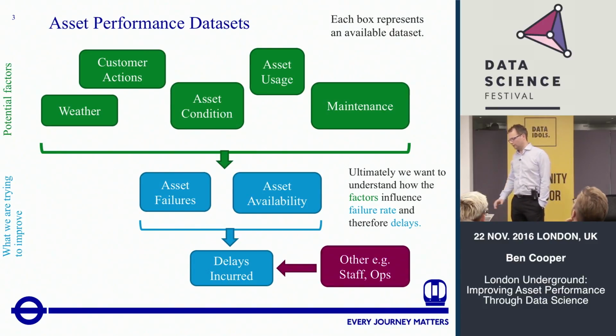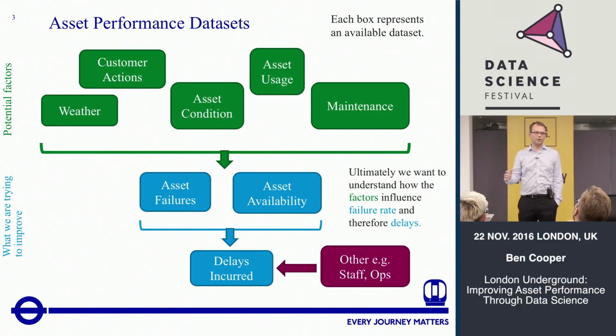Asset availability: where are our assets? Are our assets available for service? Are trains sitting in depots? Are they out on the track in service? And so on. And then we have a wealth of other data sets that we can use. So information on how the assets are maintained and how they're used, for example, the mileage that trains are doing, and the condition of the trains.